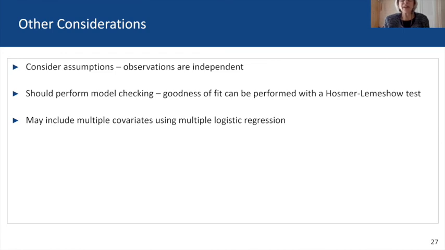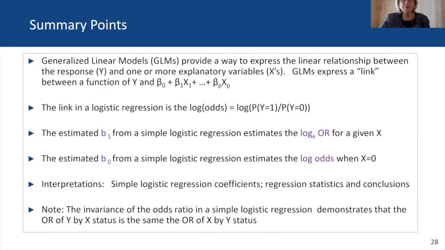And we could extend this to include multiple covariates using multiple logistic regression. And that can be done in a separate lecture in which the covariates of interest could be X's which are dichotomous, categorical, or continuous. The outcome, of course, for a multiple logistic regression is still dichotomous. The Y variable of interest is dichotomous.